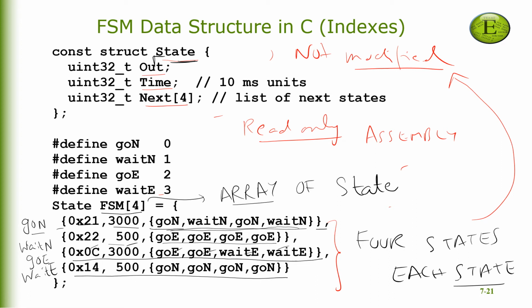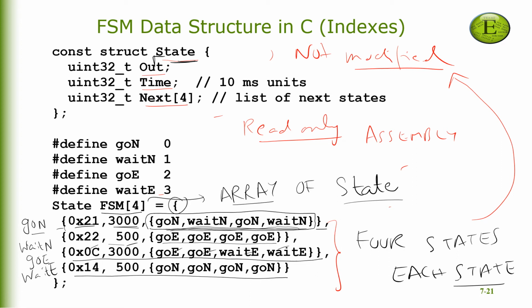And the array, the third element, is itself an array, because this FSM is an array of states. So all the elements of an array should be provided in the parentheses.